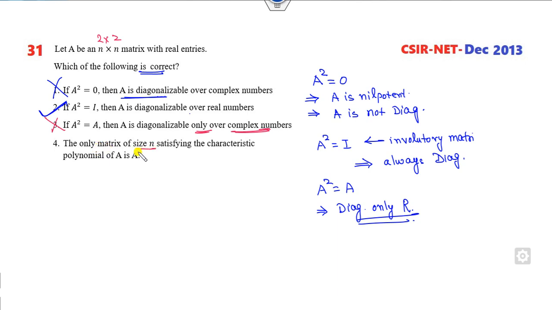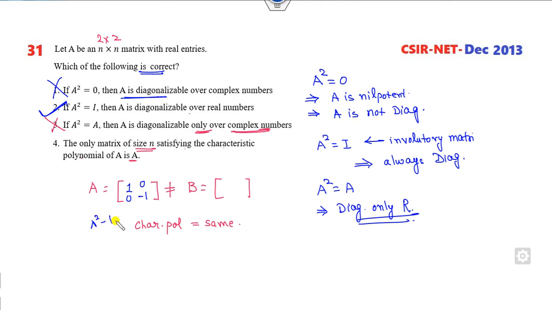The only matrix of size 2 satisfying the characteristic equation is A. What is the meaning? Can you think of two different matrices such that they are not the same, but their characteristic polynomials are the same? Definitely. If I say 1, what is the characteristic polynomial?